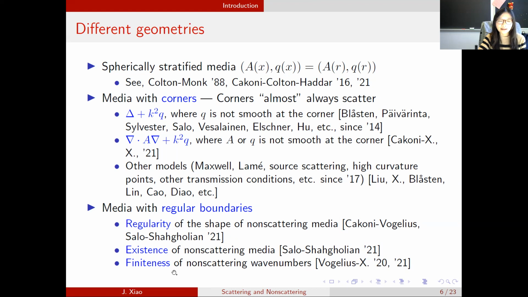So we explored some different directions, and I will introduce them in more detail later. And this is also related to, not about this paper, but in general, the non-scattering phenomena, especially for this operator Laplace plus k squared q, it is also related to the Schiffer's conjecture.